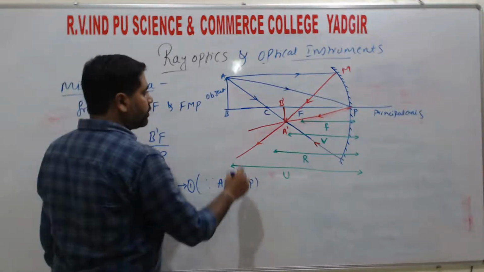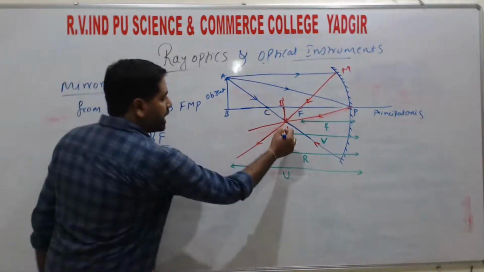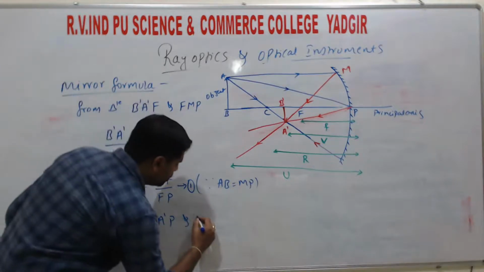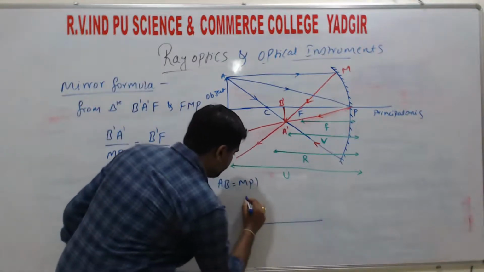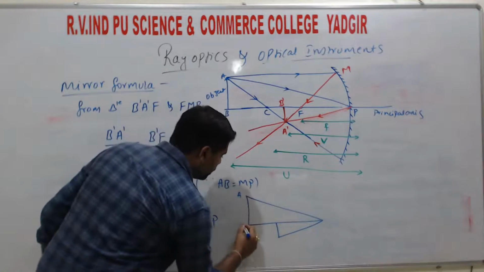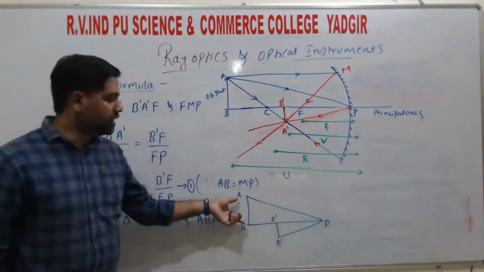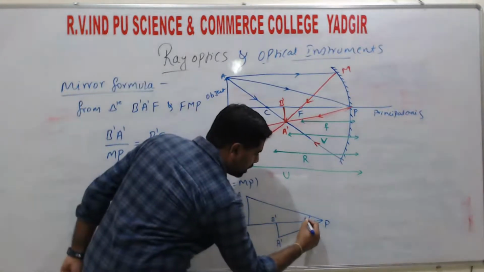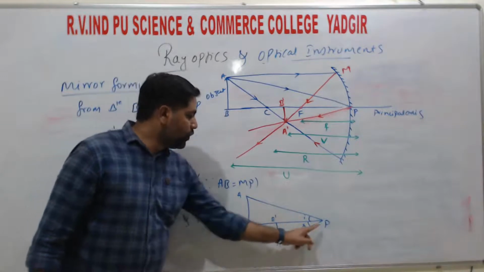Next, in a similar way, we consider triangle B dash A dash P and triangle A B P. They look like this: here A B, here B dash A dash, and this point is P. Considering triangles A P B and A dash B dash P, by the laws of reflection the angle of incidence is equal to the angle of reflection, so angle APB is equal to angle B dash P A dash.